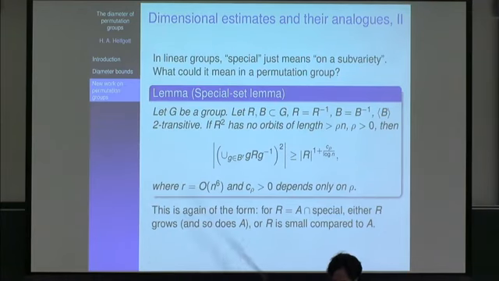So this statement can be used to reformulate the entire proof of Helfgott-Seress. And this statement, as I showed, is a special case of the statement for abstract groups that also gives you the dimensional estimates that are at the basis of the proof for linear algebraic groups.